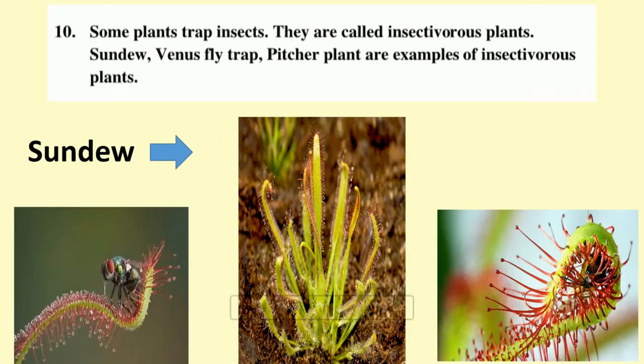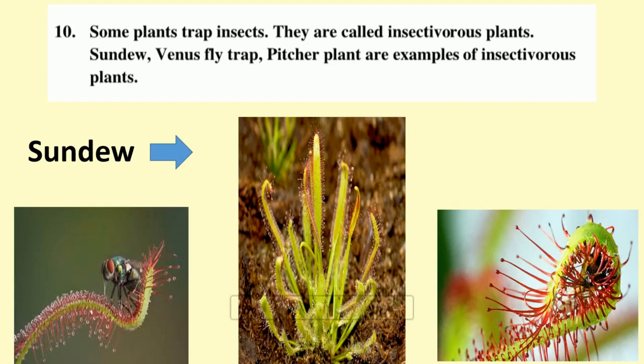Number 10 is some plants trap insects. They are called insectivorous plants. Sundew, Venus flytrap and pitcher plant are examples of insectivorous plants. First of all, I will explain what an insect is. A small animal that has 6 legs and generally 1 or 2 pairs of wings.